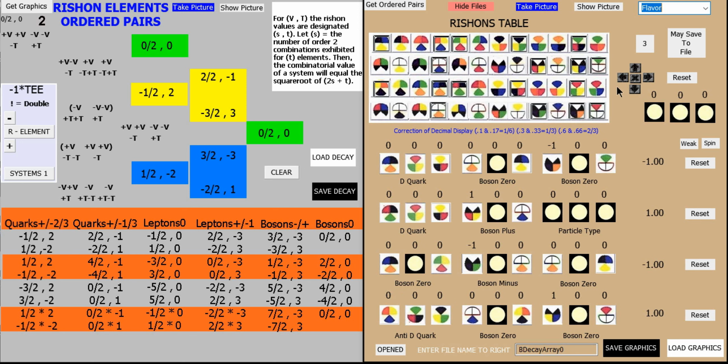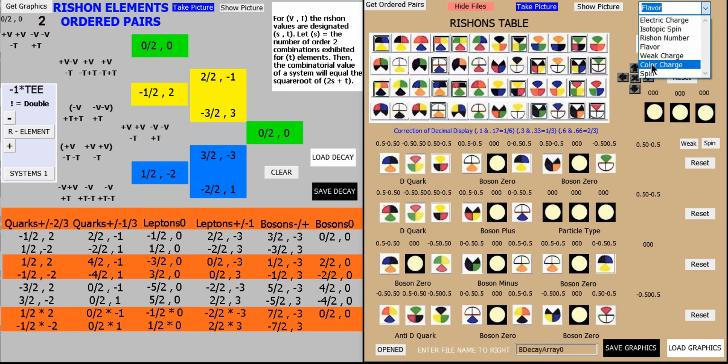So now, color charge. The color charge will be represented by the right-hand section of the semicircle. As we can see here, we have purple and yellow, which cancel each other out, and you can see the quantum numbers are displayed when you hover over the Rishon.